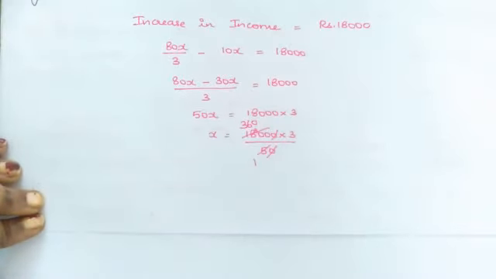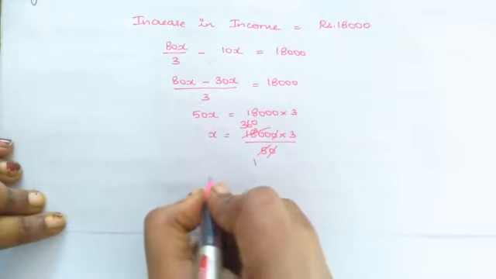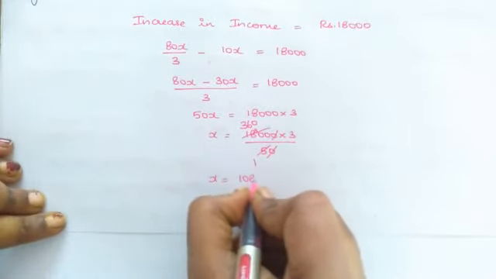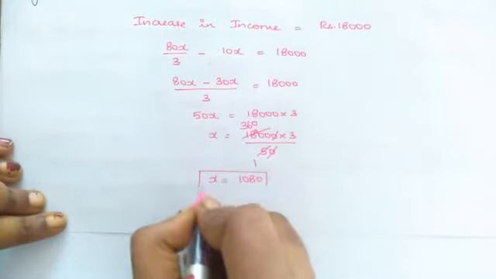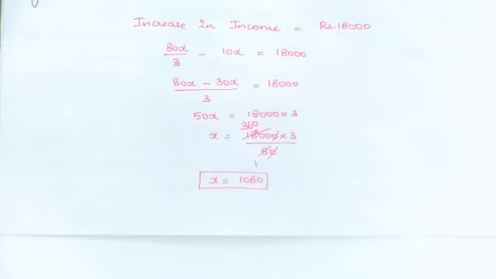So 360 into 3, which is 1080. So x is equal to 1080. So he has 1080 shares in company A, which he has sold to company B and bought some shares, by which his income is increased by 18,000. That's it. Thank you.